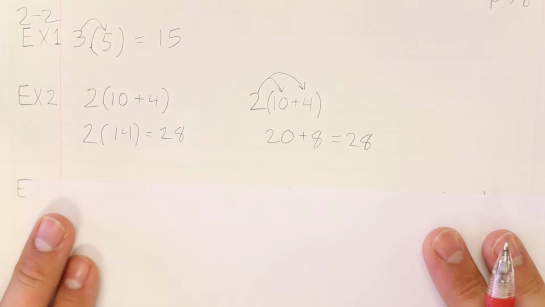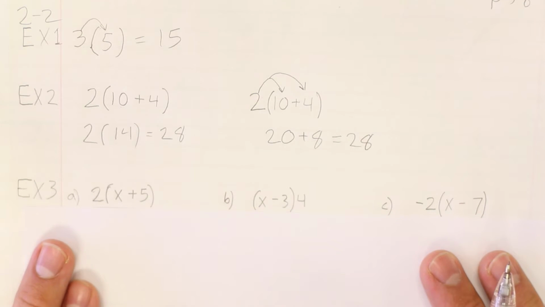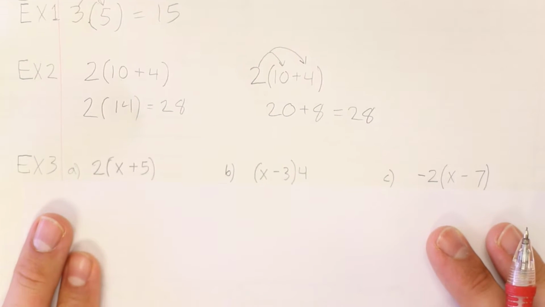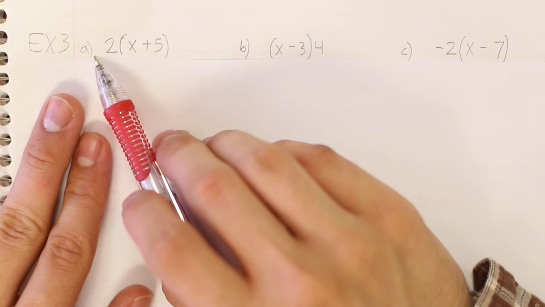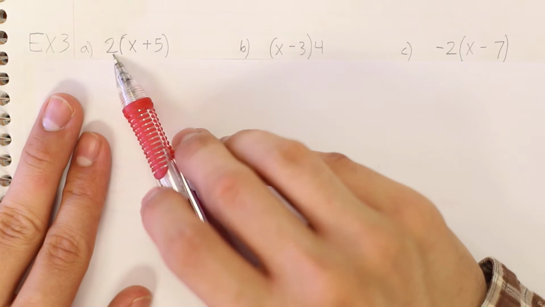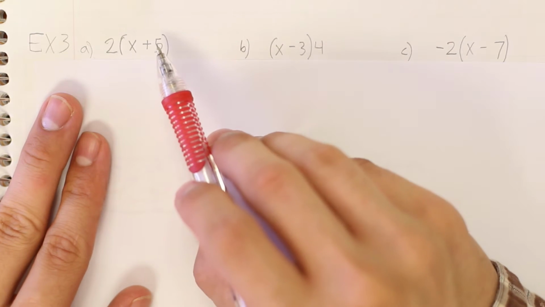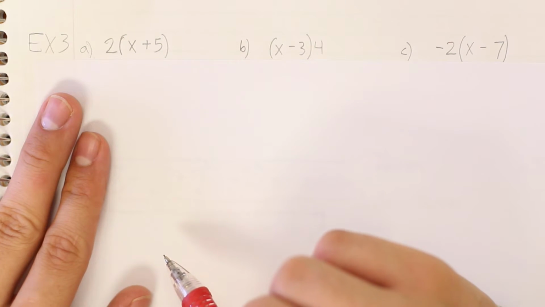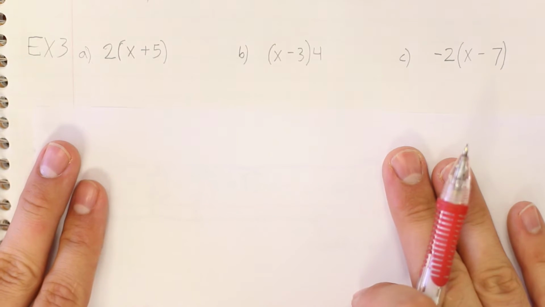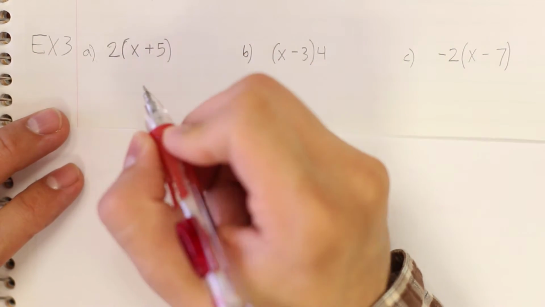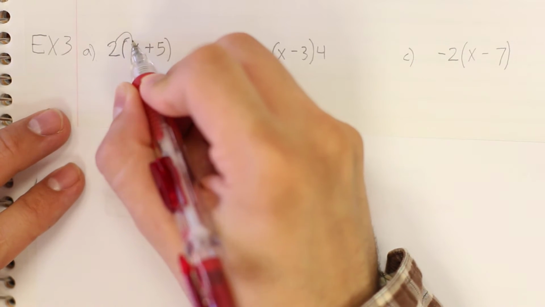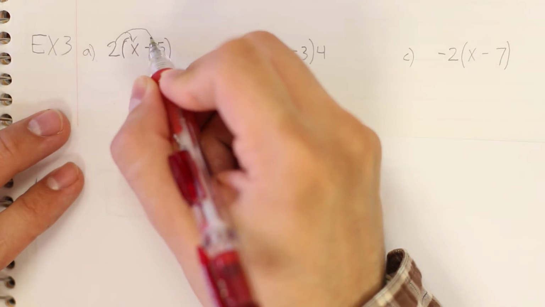All right. Let's take a look this time with variables and with throwing in some negative numbers, all right? So here we have, for our first example, 2 parenthesis x plus 5, okay? So let's see how we work this problem. So here we have 2 times x and 2 times 5.